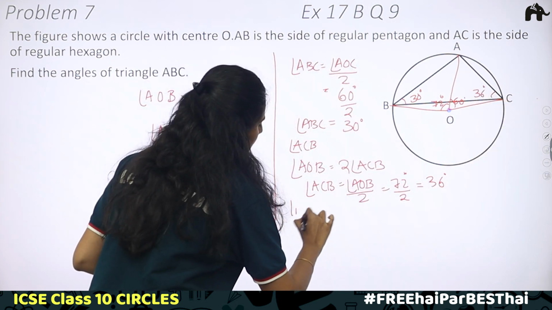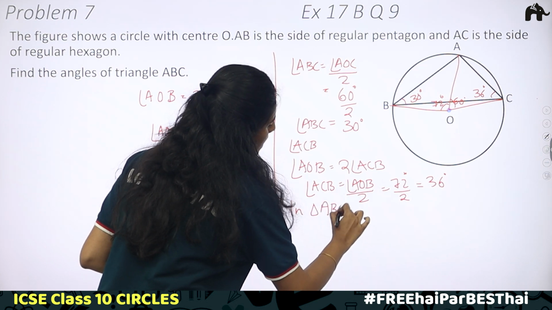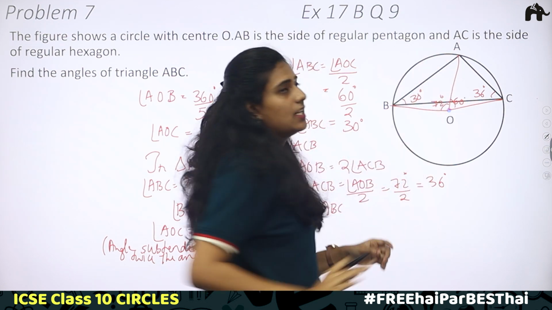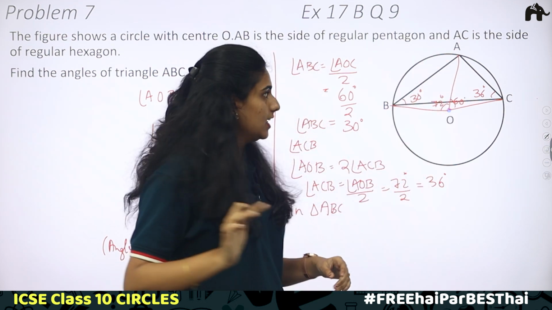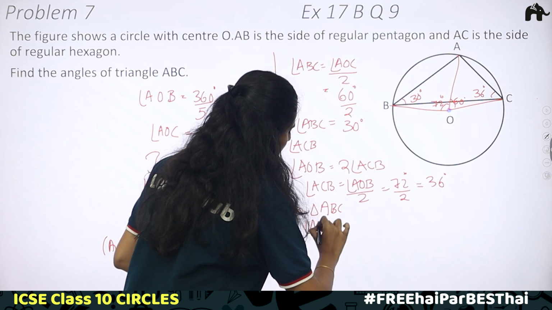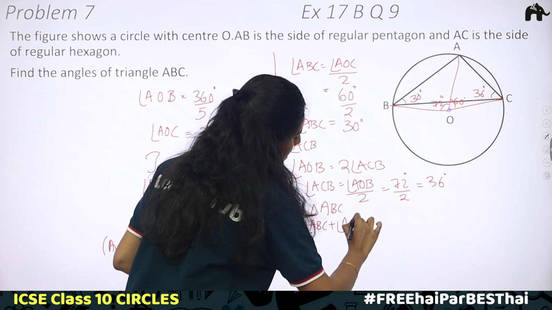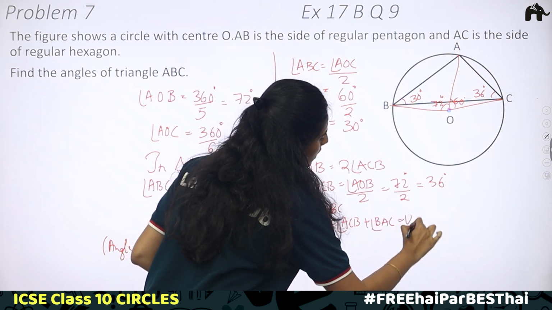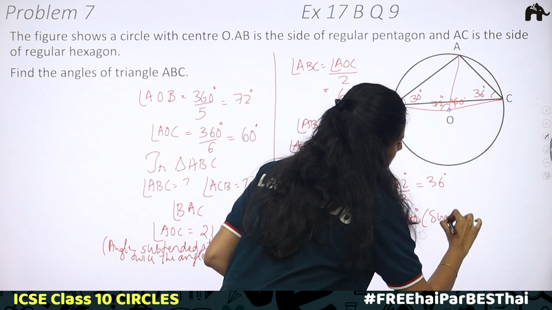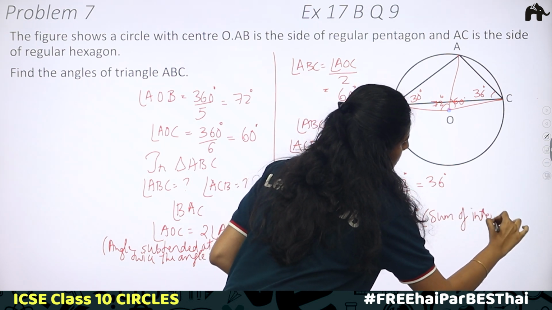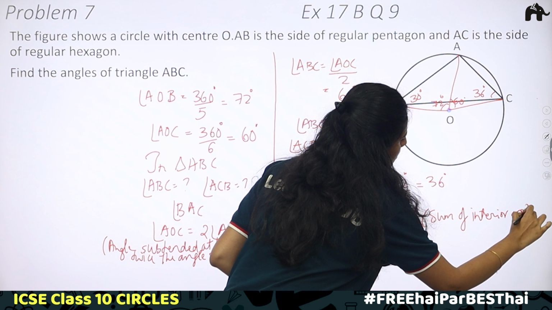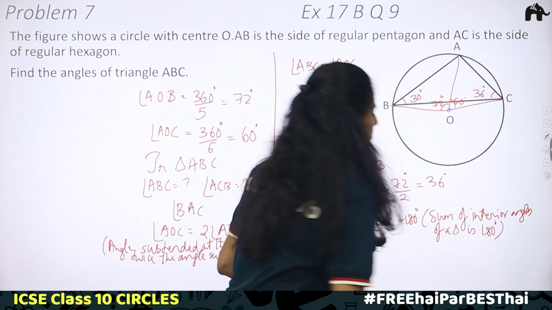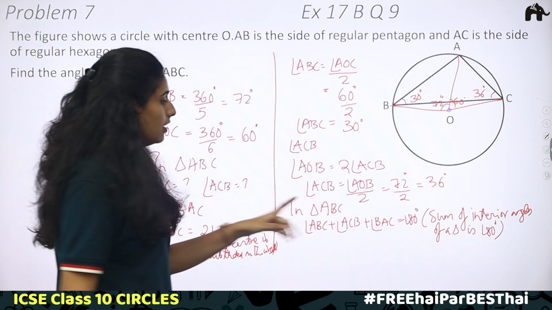Now, in triangle ABC, 2 angles we have determined. We know the sum of all the interior angles of a triangle is equal to 180 degrees. Therefore, angle ABC plus angle ACB plus angle BAC is equal to 180 degrees. Now put the values.